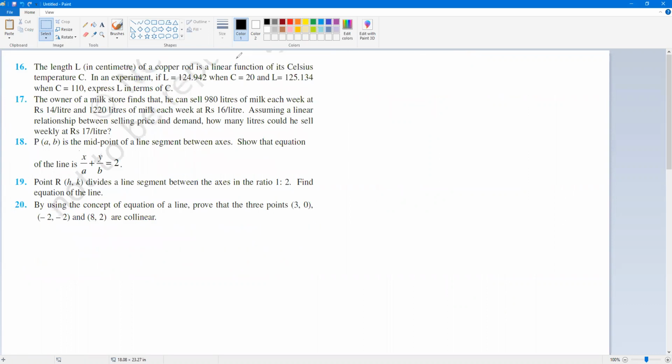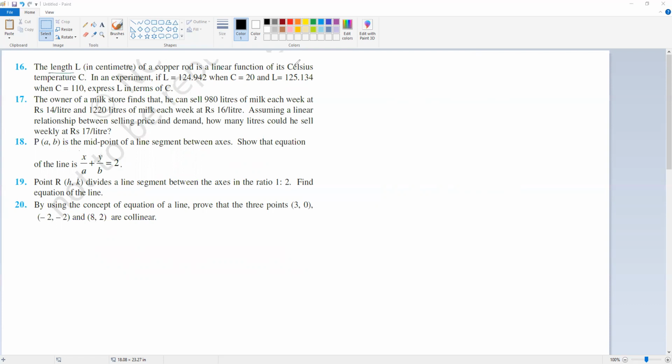Now, next question. The length L of a copper rod is a linear function of its Celsius temperature C. So we can assume, you can take length along the x-axis, and Celsius temperature along the y-axis.